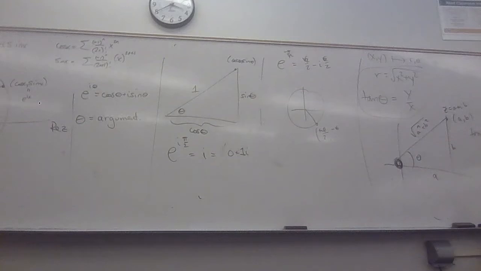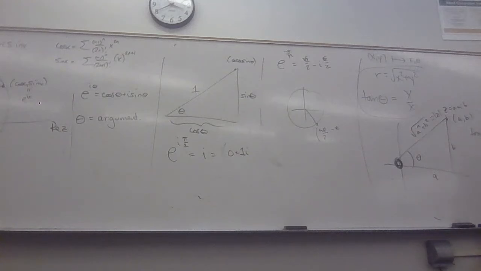So every complex number has what's called a polar representation, where the radius is just the length. Notice this is the modulus of z, the length of the complex number. And the theta here, you get by doing this tangent argument.